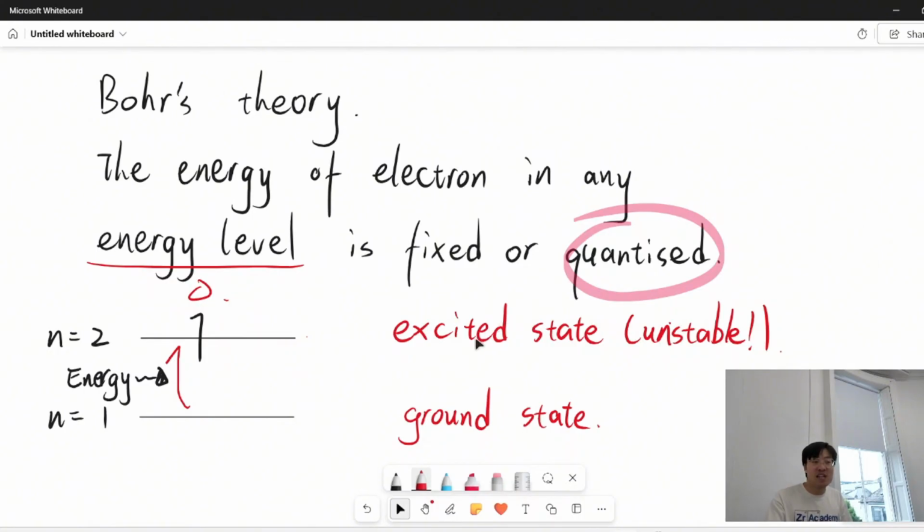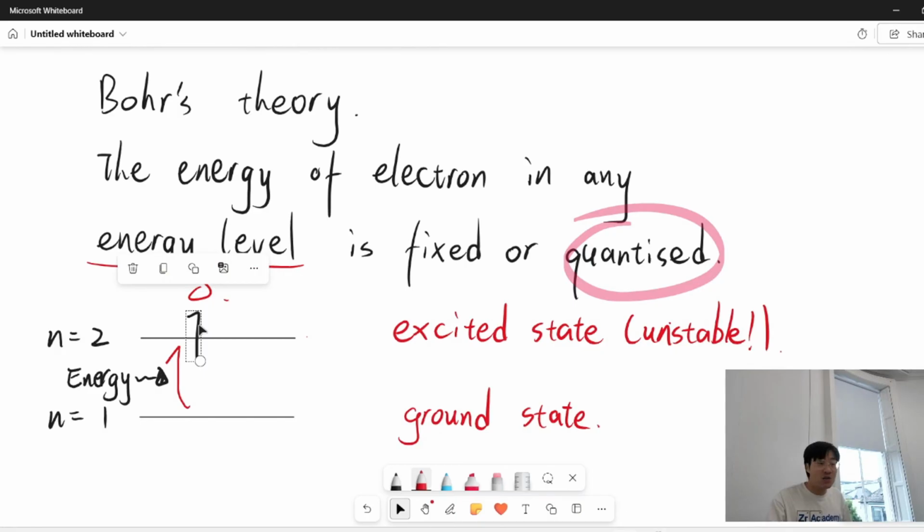So you tend to be unstable in a higher energy state because study consumes a lot of your energy, right? So it kind of becomes unstable and says, no, I don't really want to keep this state of study. I would like to lie down, take a rest, play my mobile phone. The electron would think the same way, kind of. Look, this is a simplified version, right? So the electron is unstable at the n equals 2 energy level.